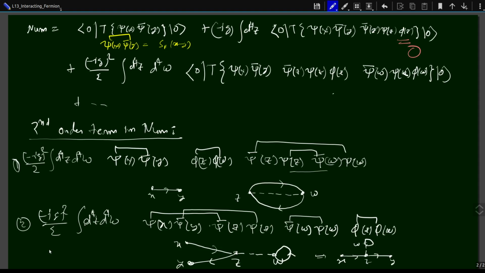So this 1 by 2 that is sitting over there, if you see in the expansion, if I have nth order expansion, I have 1 over n factorial sitting over there, and if I can get the same diagram by permuting the vertices, or permuting which insertion of h is contracted with which one, if I just permute their names and get the same expression, that means I simply count it that many times.